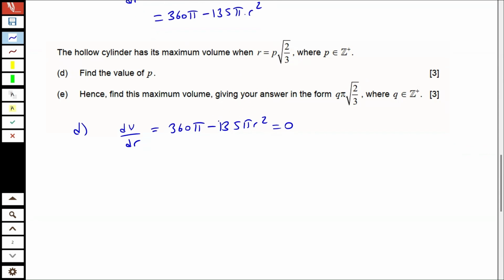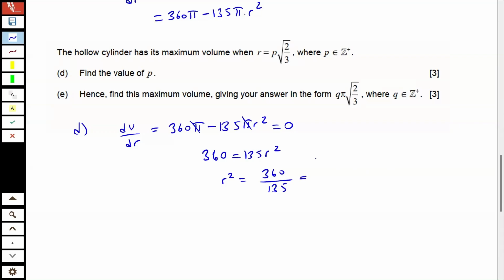Let's find it. We can cancel this pi. So 360 equals 135 r squared. R squared equals 360 over 135.